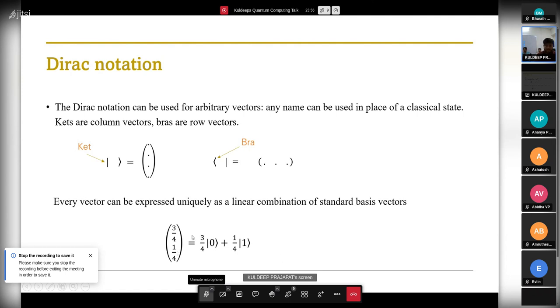We have 3/4 and 1/4 entries in our column vector. So in the standard basis, this is the linear combination: 3/4 associated with the 0 state, plus 1/4 associated with the 1 state. These are the probabilities of being in these states.